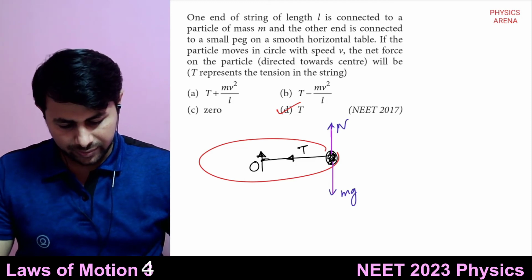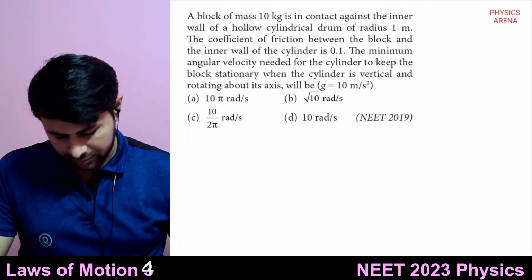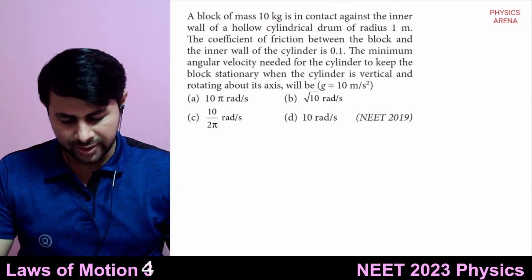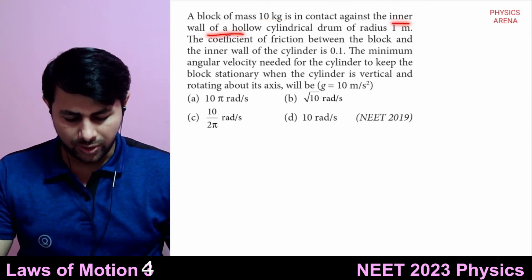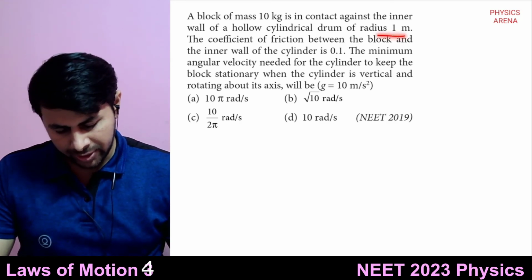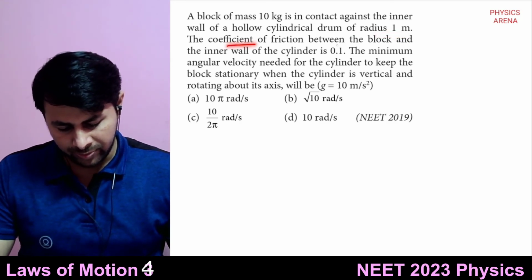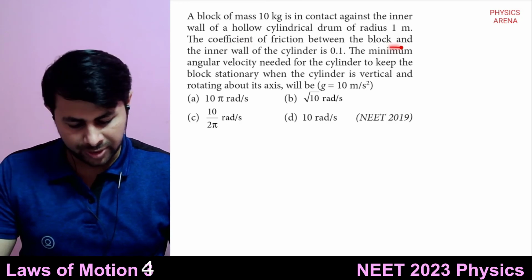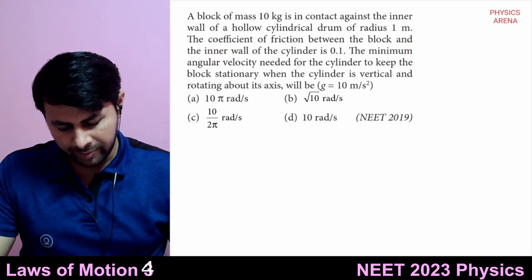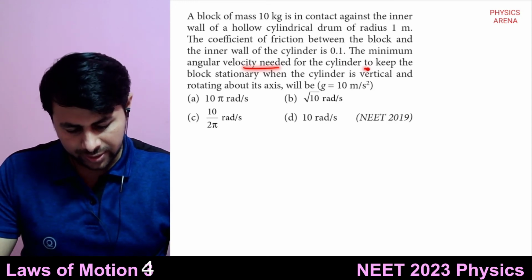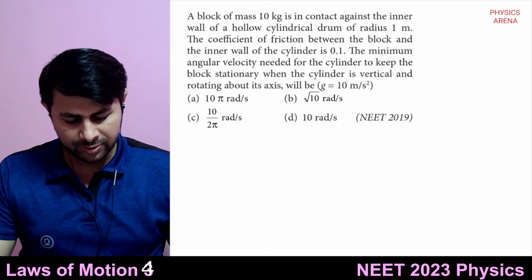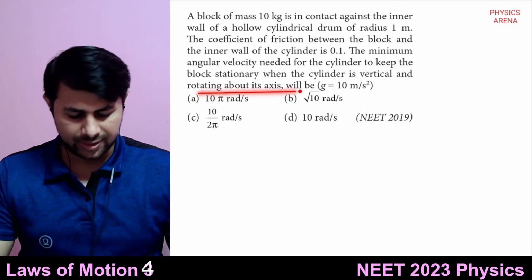Okay. Next question. A block of mass 10 kg is in contact against the inner wall of a hollow cylindrical drum of radius 1 meter. The coefficient of friction between the block and the inner wall of the cylinder is 0.1. The minimum angular velocity needed for the cylinder to keep the block stationary when the cylinder is vertical and rotating about its axis.